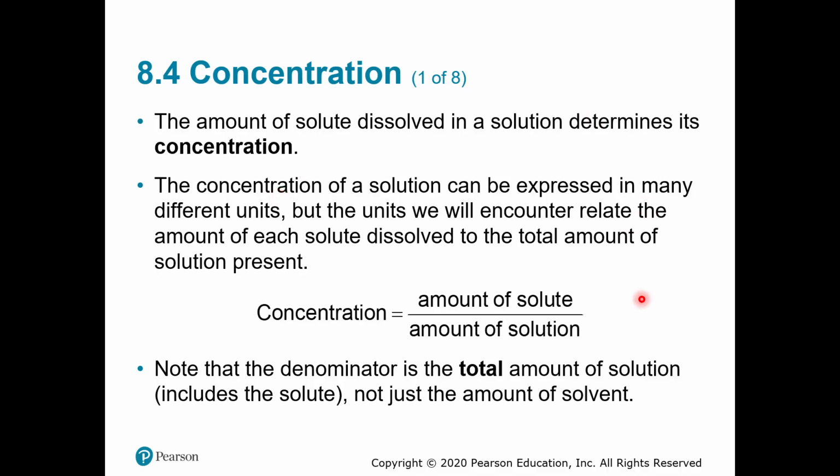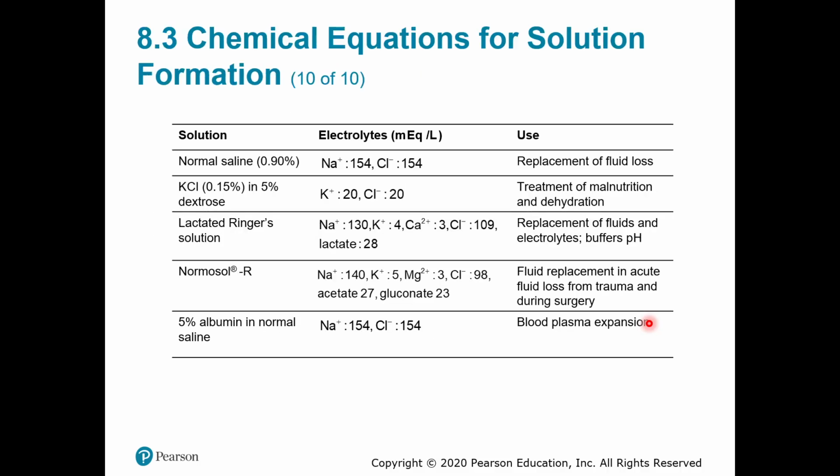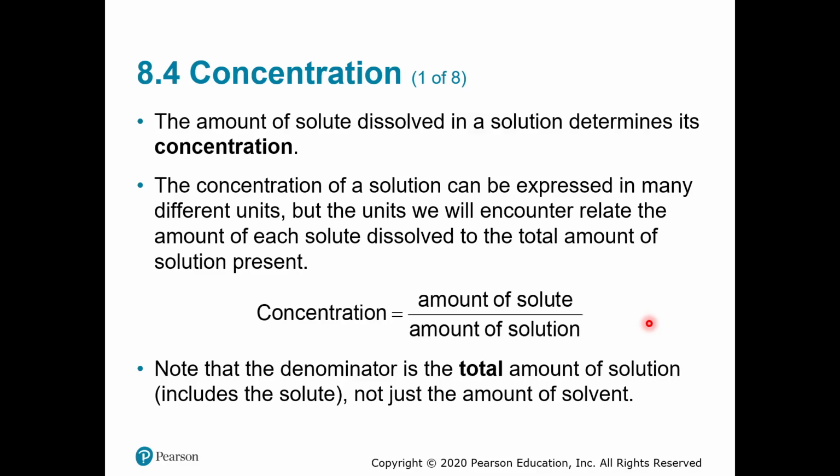The amount of solute dissolved in the solution is going to determine its concentration. There's numerous ways of calculating concentrations. The concentration of the solution is going to be expressed in a variety of different units, but overall concentrations are the amount of a solute you're discussing. Like we had talked about sodium chloride in some of these, sugar in some of these, etc., right?